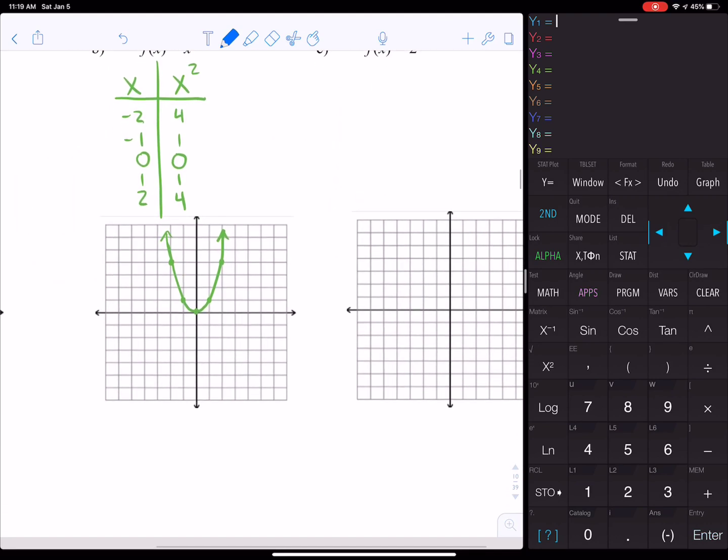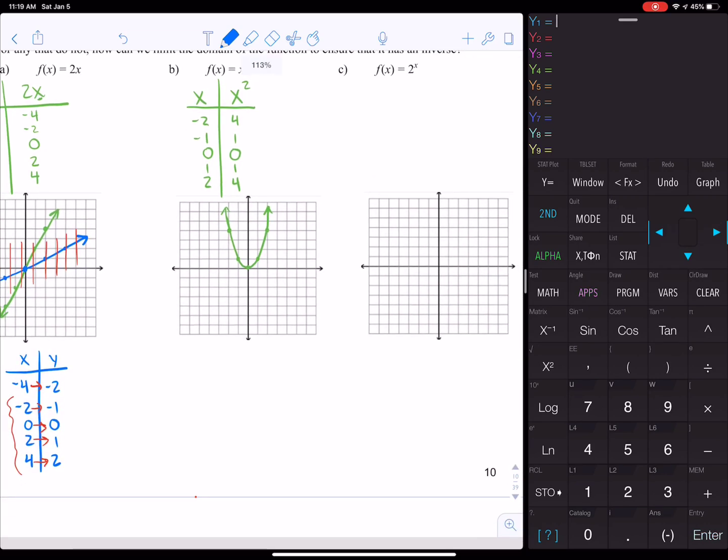Then I'm going to find the inverse function. I'm going to write it down below again. The inverse function for this one, again, is to switch the x and the y's of the original. So we take the values up there and switch them.